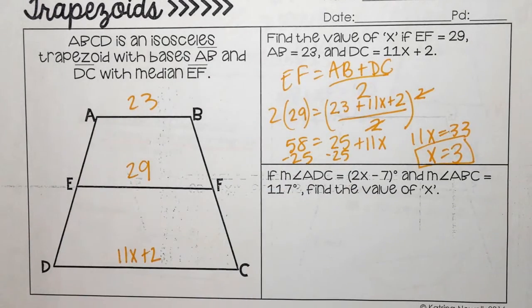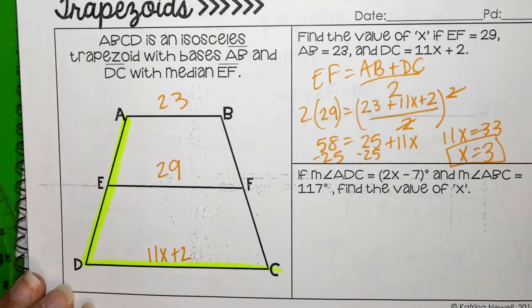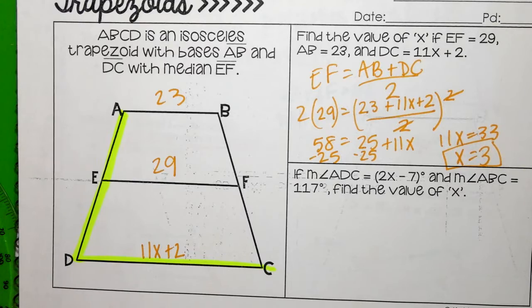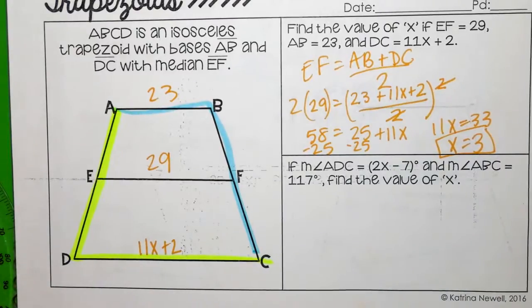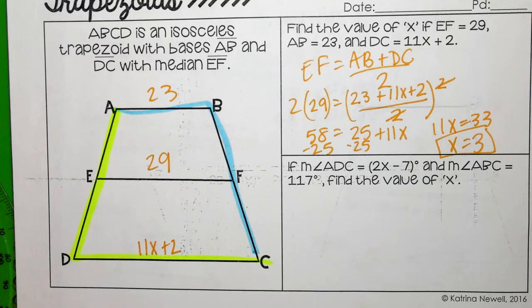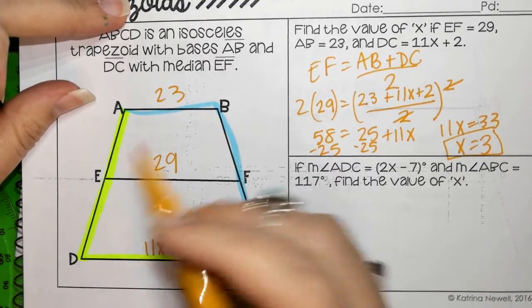Okay? Now this one gives us the measure of angle ADC and the measure of ABC. Find the value of x. Now, we know that ABC is congruent to BAD.